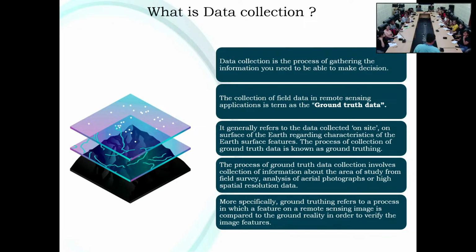You have labelled something as a water body, and you go to the field and find there is no water. Or you have categorized it as agriculture, but you find it is grassland. For that verification we need ground truth, and we collect data.